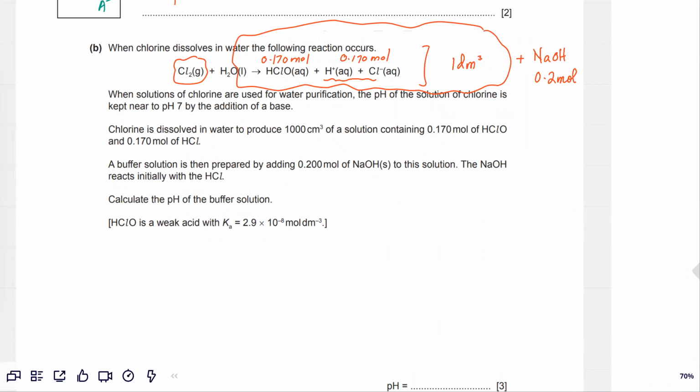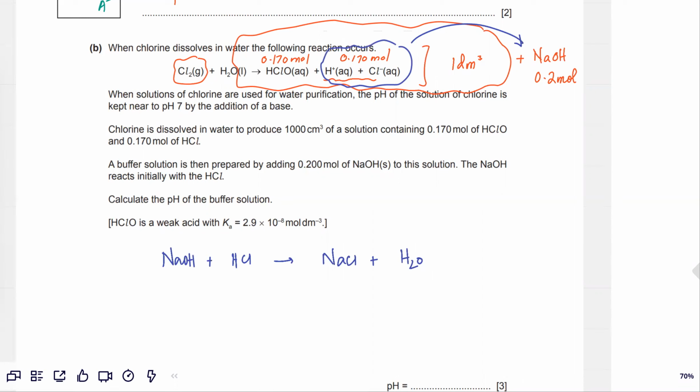So the NaOH is going to react first with the HCl that's over here. Okay, these two things are going to react first. So I'm going to write down the reaction, what happens when NaOH reacts with HCl. Okay, that's the simple reaction. It produces NaCl and H2O.